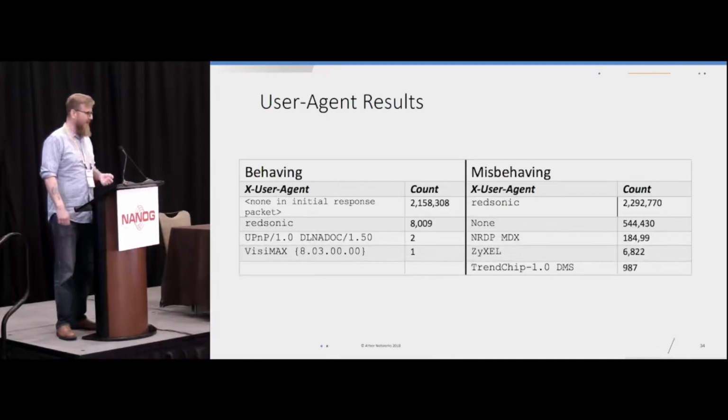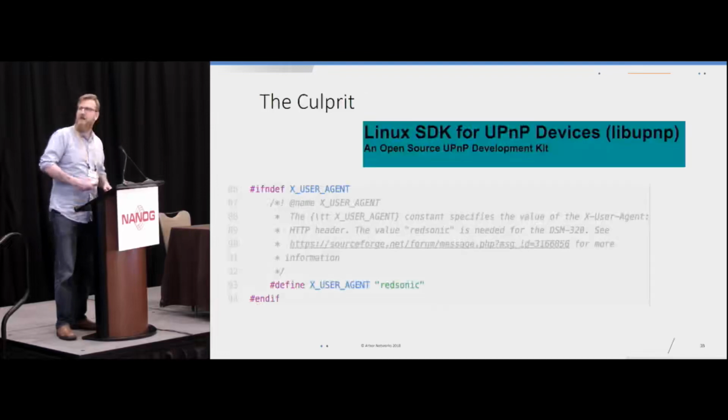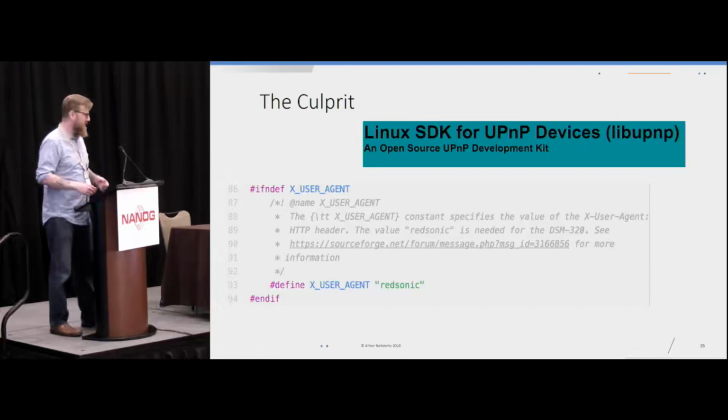One thing that really stood out was that in the behaving responses, there was overwhelmingly no user agent installed. On the misbehaving, it was overwhelmingly this Red Sonic user agent in the packet. Doing some creative Googling, we found this open source project called libupnp, which is reused by pretty much everybody, or 56% of the internet apparently.